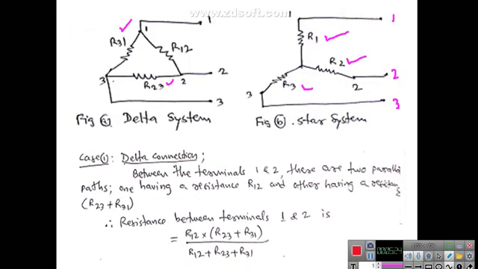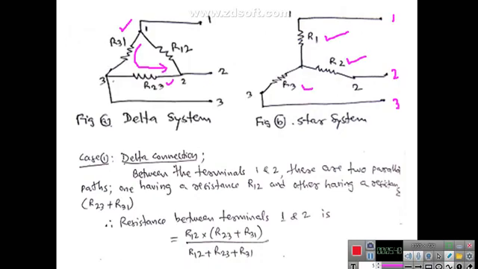If you consider only these two terminals, one path has a resistance R12, the other path has a resistance of R31 plus R23.